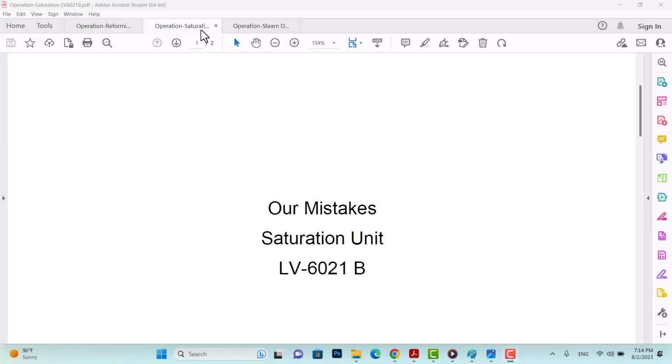This episode associates with our experience in operating the plant at capacity lower than 100%. Based on the design basis, we are supposed to operate the plant at 100% capacity.